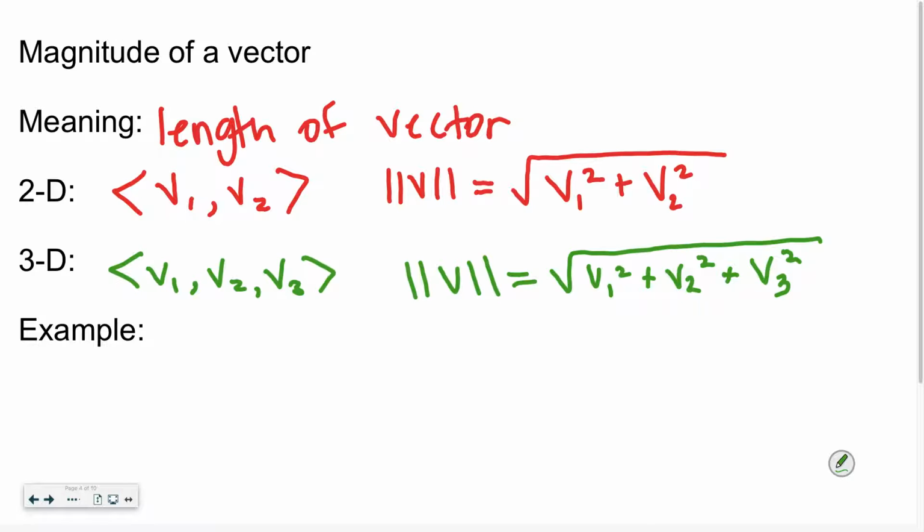We just need that 3rd component underneath the radical, just as we did 2 days ago with our distance formula. That's essentially what we're finding, right? We are finding the length, the distance between initial and terminal.